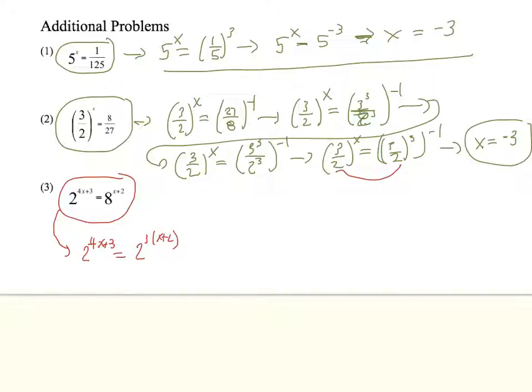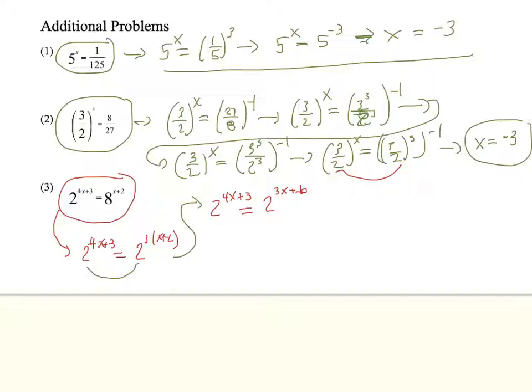Right, so now the base numbers are the same. And now I get 2 to the 4x plus 3 is equal to 2 to the 3x plus 6. I'm going to distribute the 3.